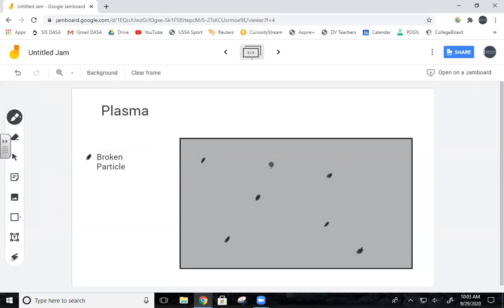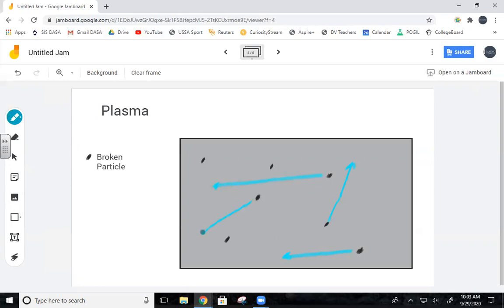So these broken particles have a huge amount of energy. So our blue lines are very large. Probably not much bigger than the gases, but you get the idea.